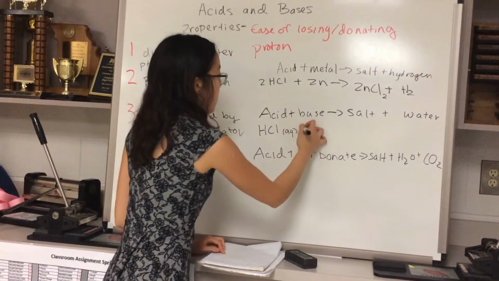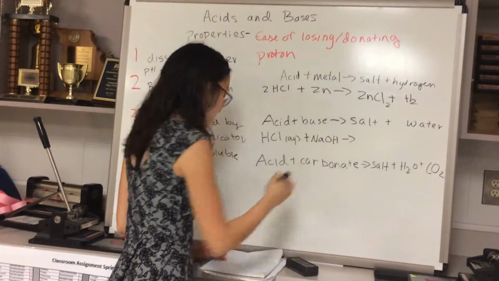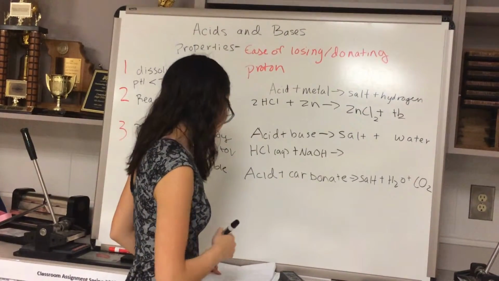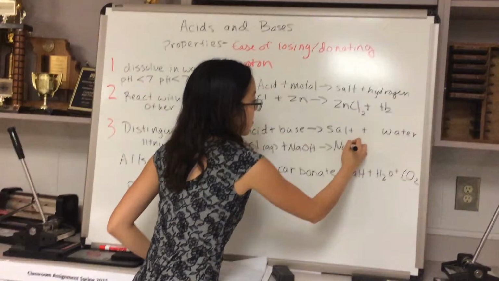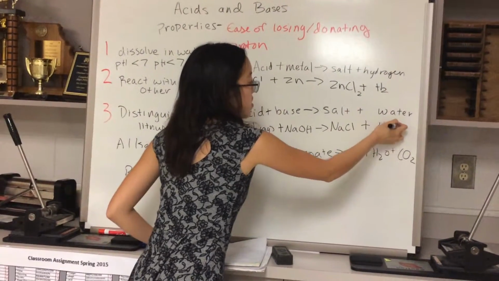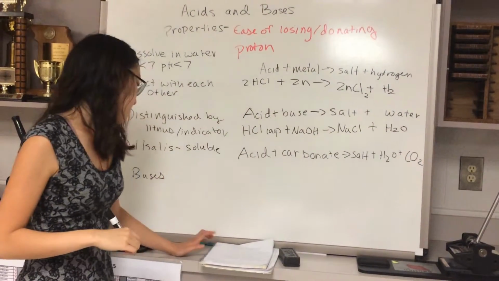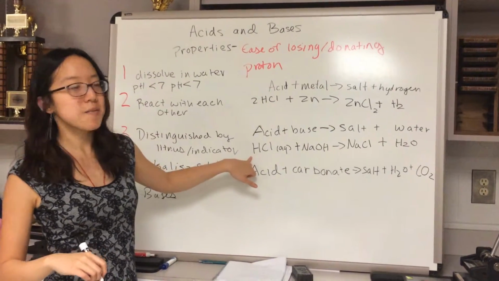Okay, so our base, we'll use NaOH, a very common strong base, which then will yield our salt. If we do a switching reaction, we have our sodium chloride plus our water. So let's check if everything is balanced. It looks good to me.